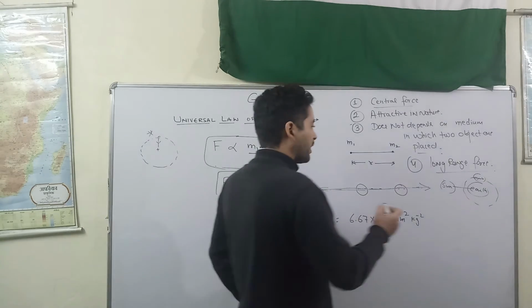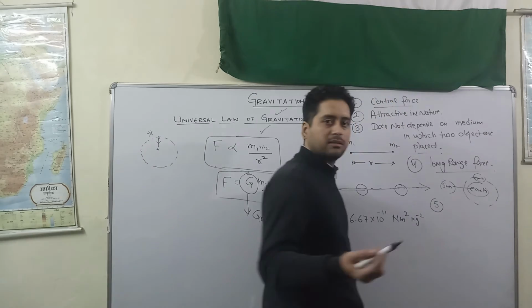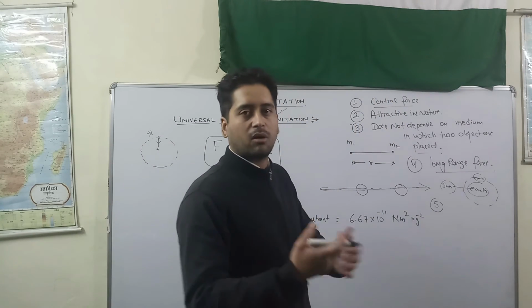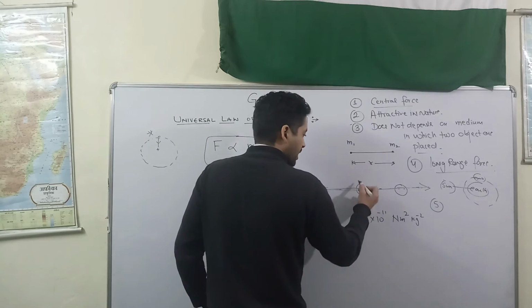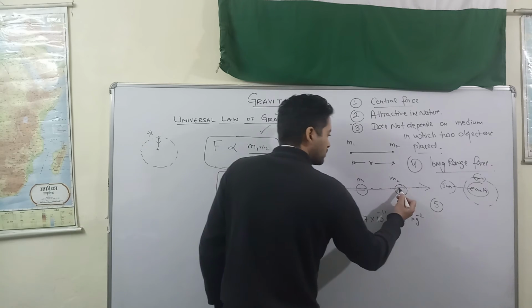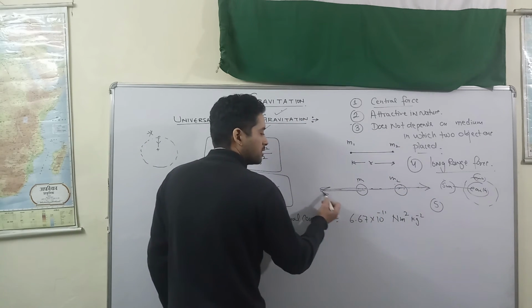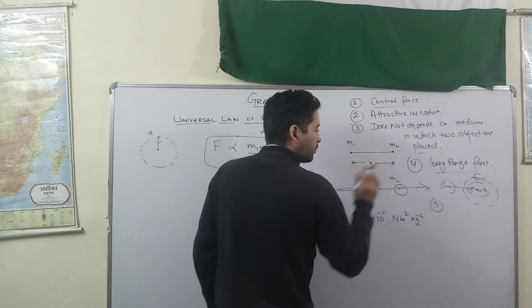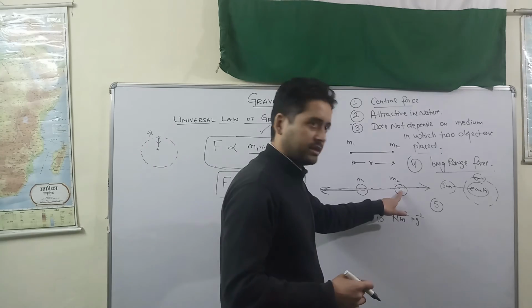The fifth point is that it obeys Newton's third law, or it has an action and reaction. What it means is, if this mass is m1 and this mass is m2, if m1 is acting with a force on m2, then m2 will also act with the same force on m1. So equal and opposite forces act.